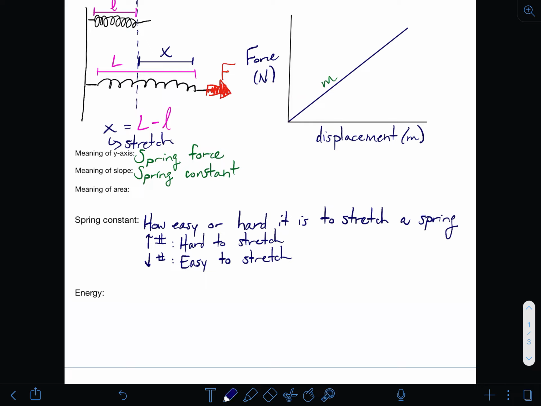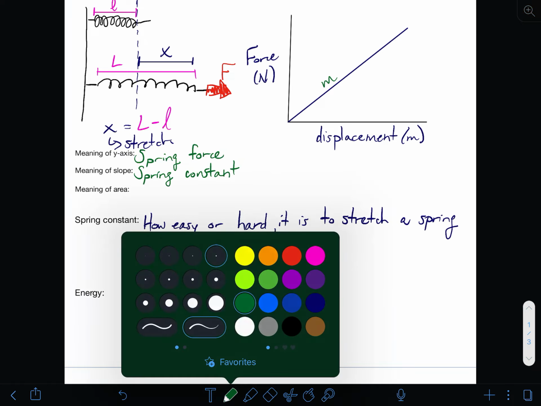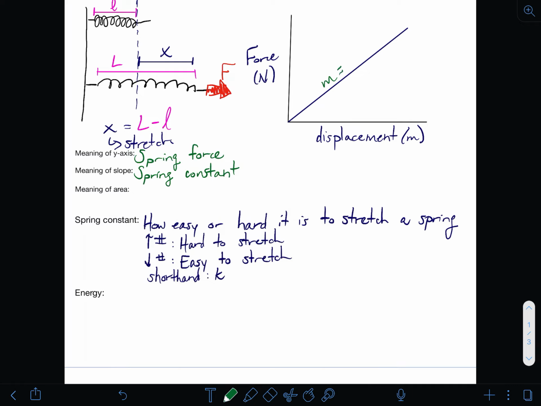Other things to know is that the shorthand variable letter for spring constant is a lowercase letter k. So we could say that this spring constant is k.